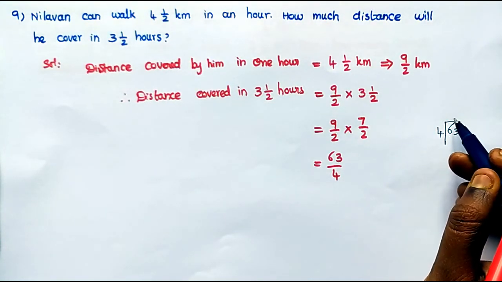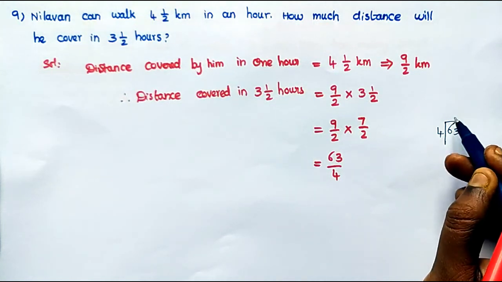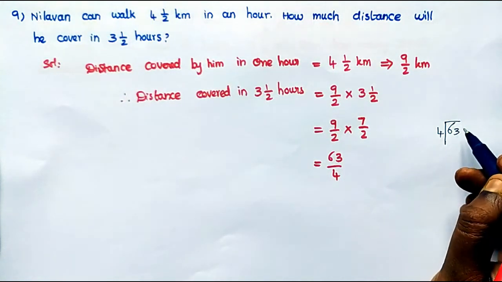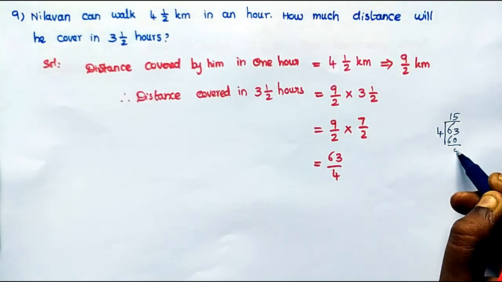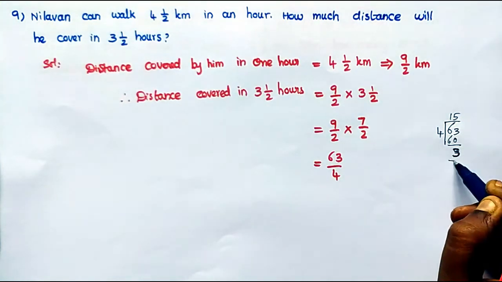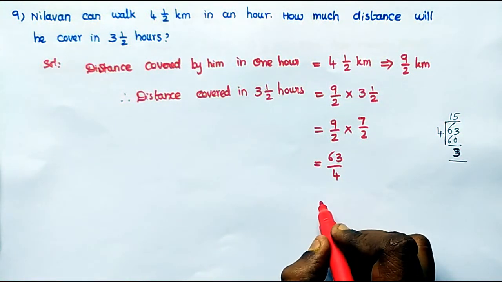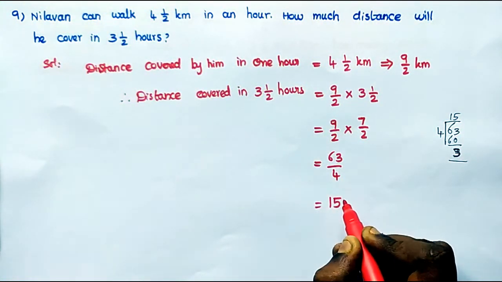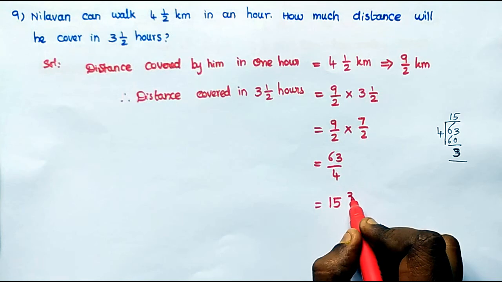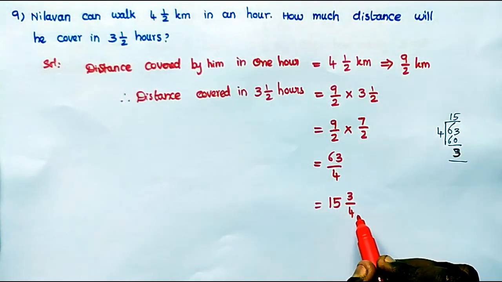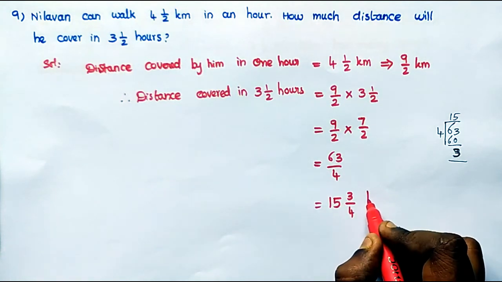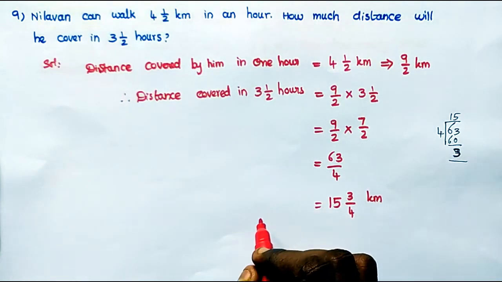How many times? 15 4s are 60. 3 is remaining. So quotient 15, remainder 3 divided by 4. 15 3 by 4 kilometers he covered.